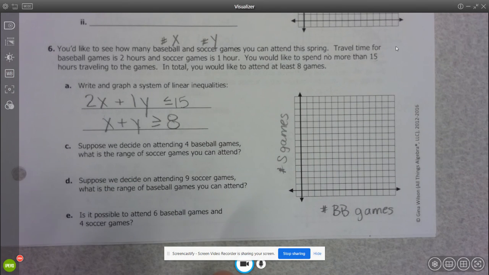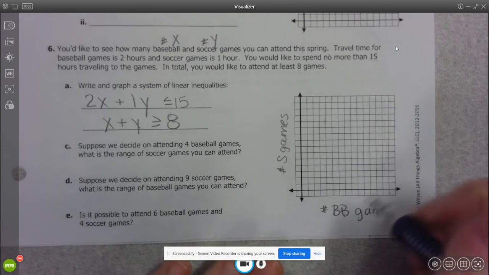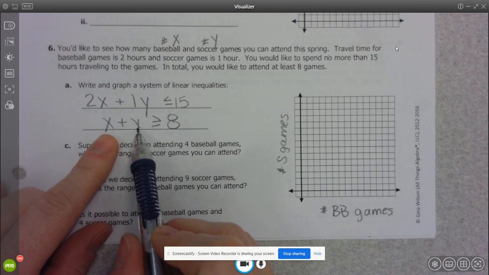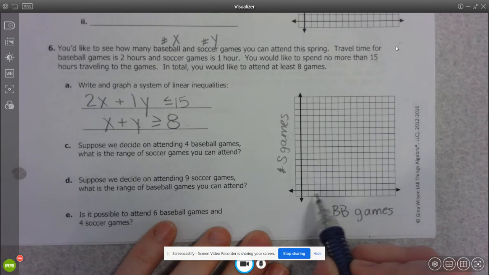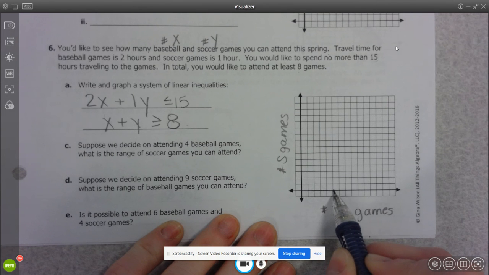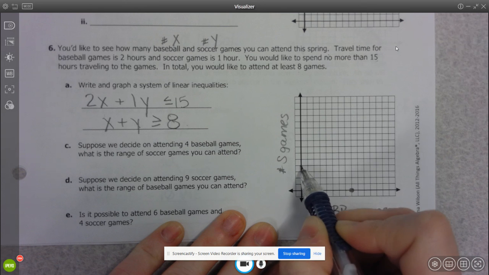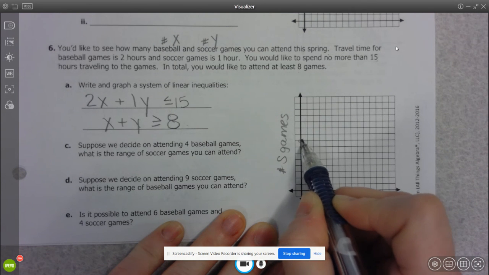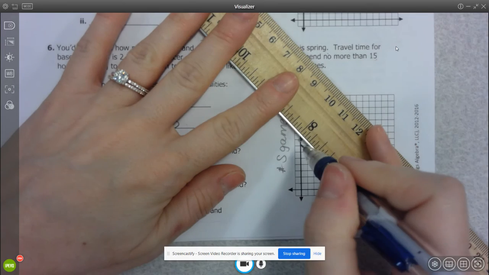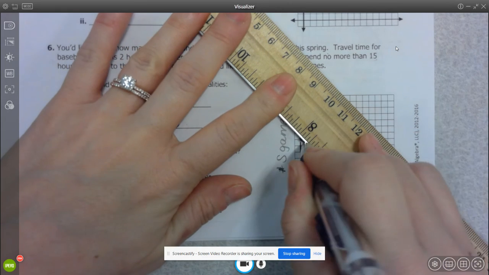Now I'm going to be okay counting by ones on this graph. So I'm going to go ahead and do my X and Y intercepts here because they're both going to be 8. And I'm going to go ahead and connect those.